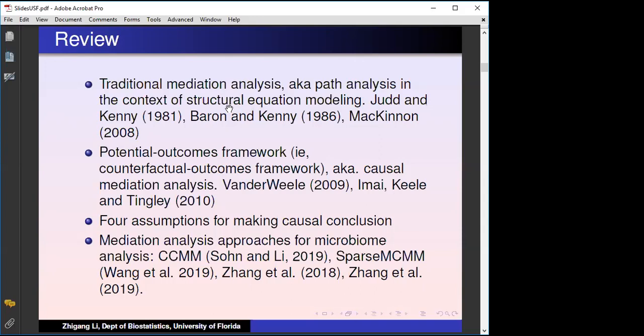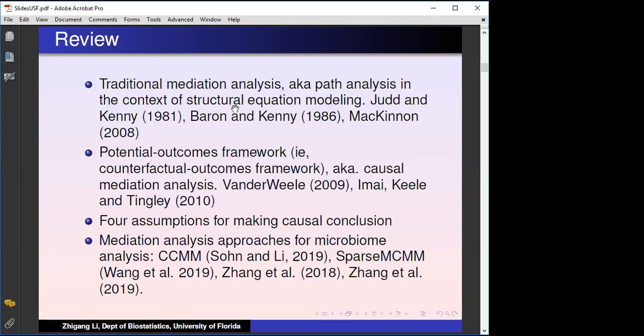This mediation analysis originated, I think, in psychology and social science, and was popularized in that area. Later it has been used in many different areas, including medicine and epidemiology. Now it's still quite popular, and you can see applications of this traditional mediation analysis in papers.